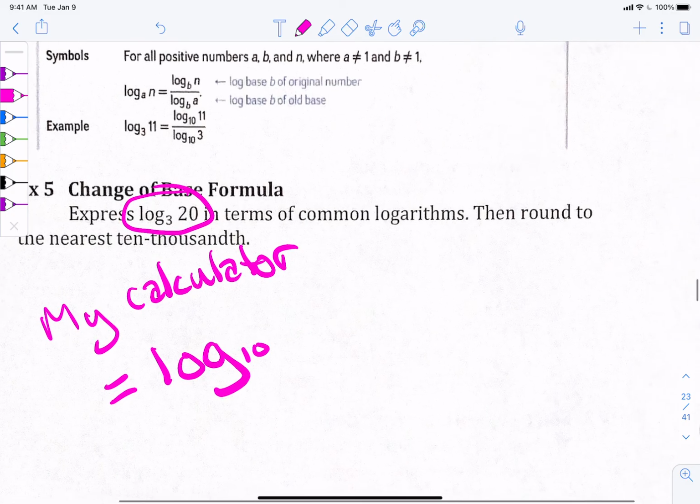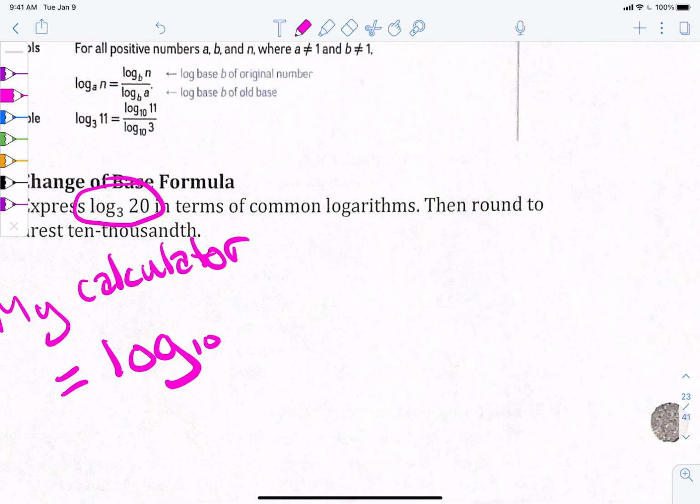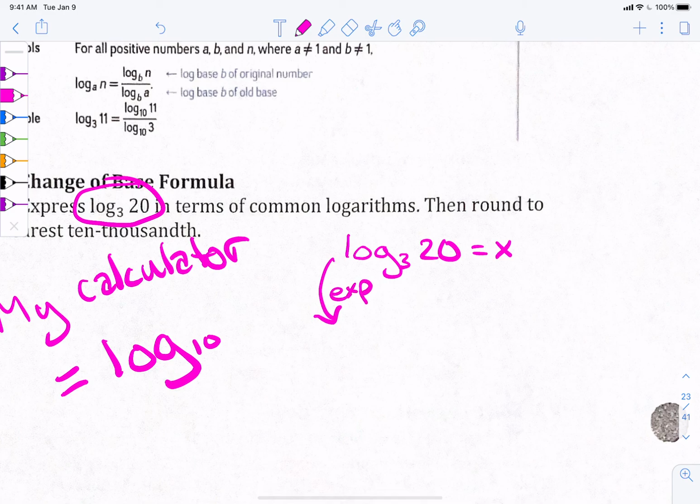Okay, change it first. Log base 3 of 20, okay? Let's guesstimate what this is going to be. If I had log base 3 of 20, I would usually set it equal to x first, right? And then if I make it an exponential function, we would say 3 to the x power equals 20. So I would say, how many times do I take 3 times itself to get 20?